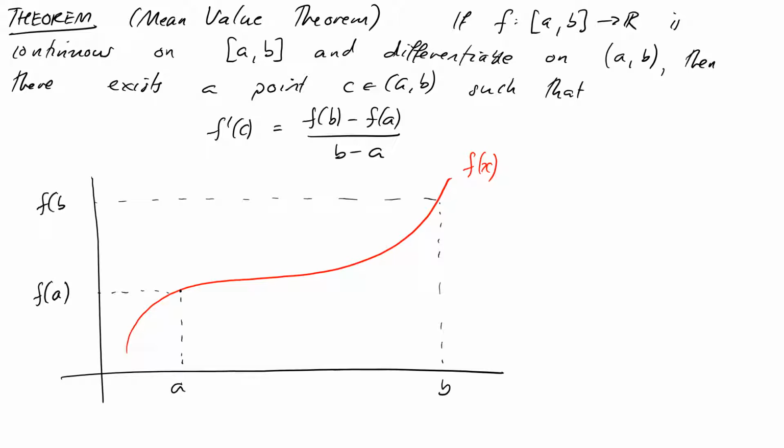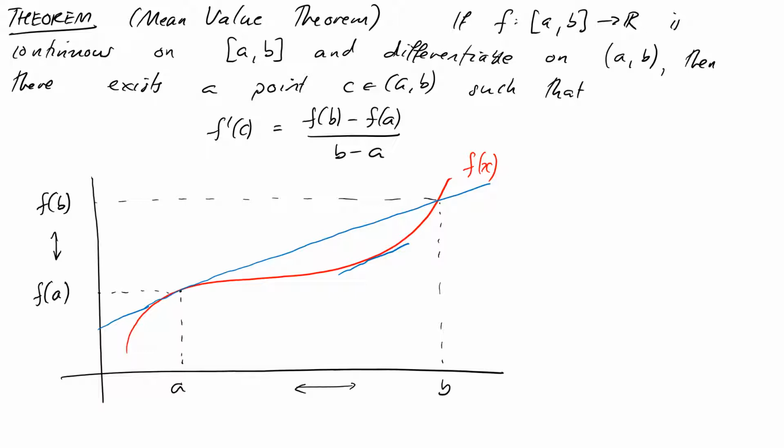Now what the mean value theorem says, if you look at this quotient f of b minus f of a over b minus a, that is this distance along here divided by this distance along here. So it's like a rise over run type expression. So if we were to draw in a straight line going through those 2 points, then what this says is that there must be a point on my function where the derivative is equal to the slope of that straight line.